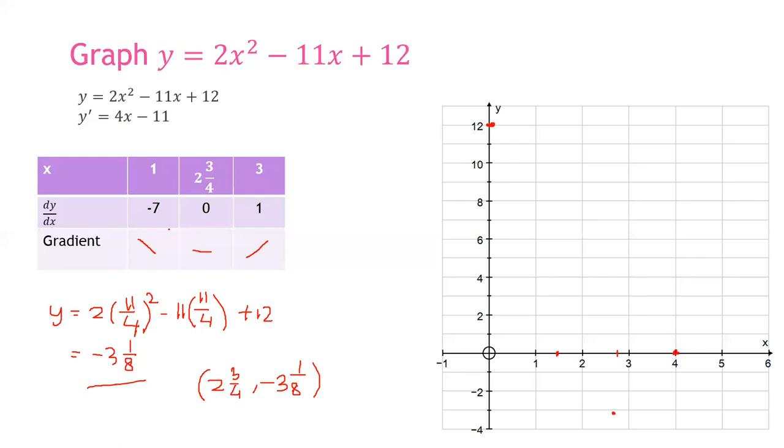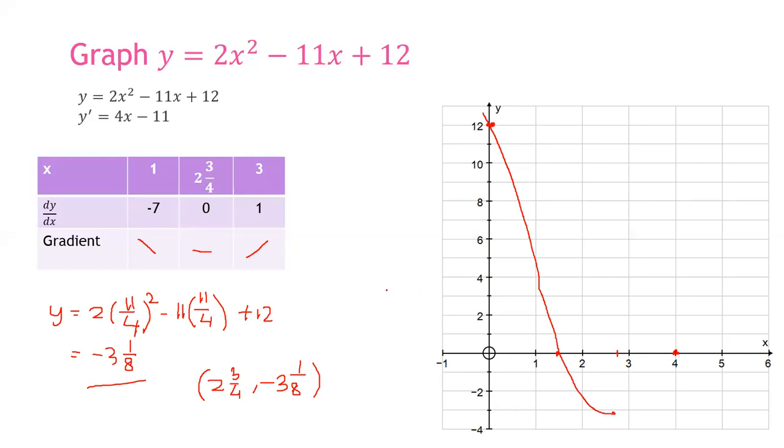Okay, look at this. The gradient before the stationary point is decreasing, so it will be decreasing from this coordinate point until this stationary point, this minimum point.